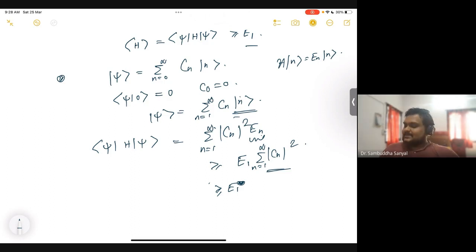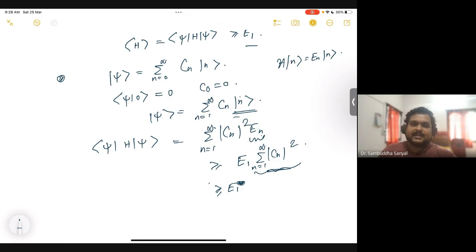But there is the catch. The catch is this is not 1, right? This quantity is not 1. So what to do about that? You see the problem? This quantity is not 1.